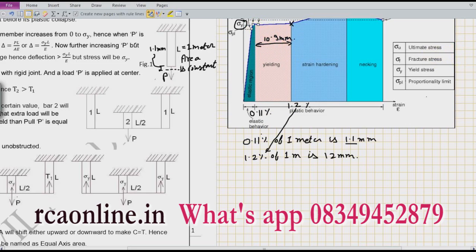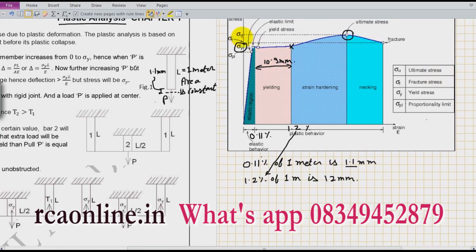They were taking their failure criteria to be yield stress. What does that mean? It means that anywhere in the section, if I reach the yield stress, I will declare the section to be failed or not safe.